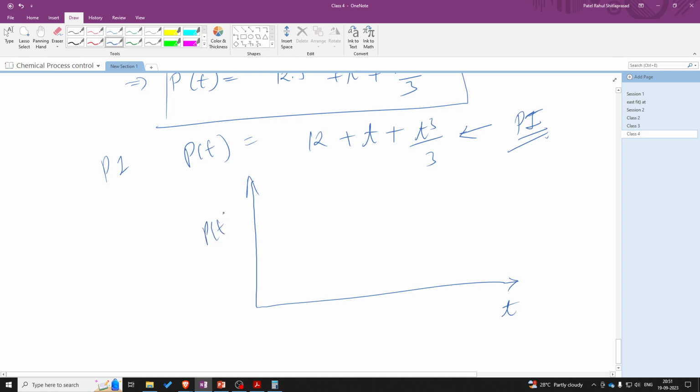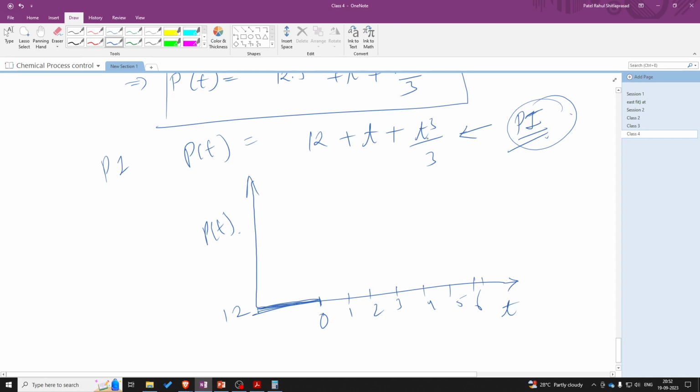Time and P of t. So let's just consider this as time 0, 1, 2, 3, 4, 5, 6. So at time t equal to 0, the value of steady state we were given as 12. So this is 12.